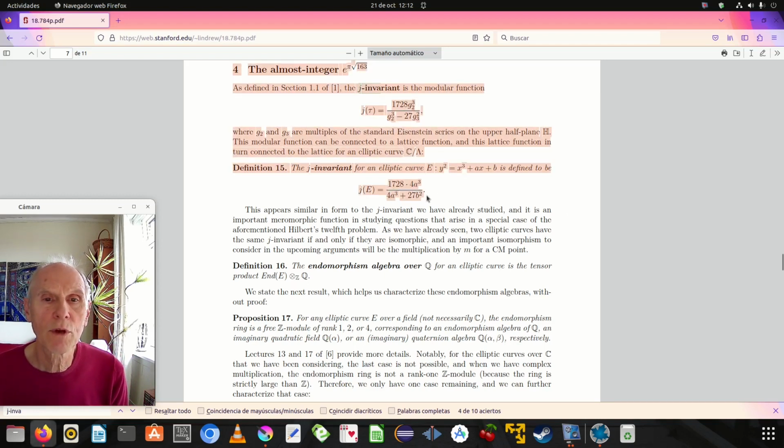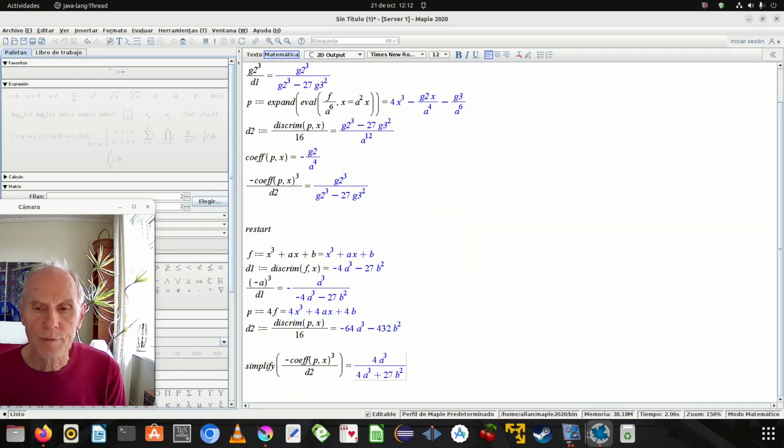Here we have the formula 4a to the cube, exactly what I got here.